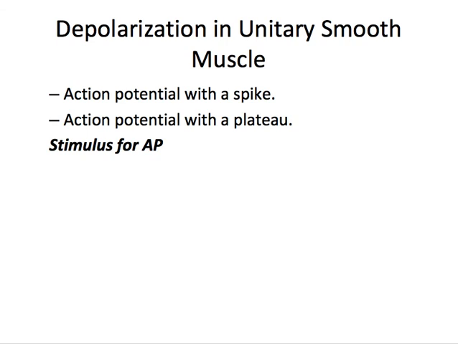In unitary smooth muscle, depolarization leads to action potential, and there are two types of action potential in visceral smooth muscle, a spike action potential and an action potential with a plateau. In most smooth muscles, stretch is the main stimulus.